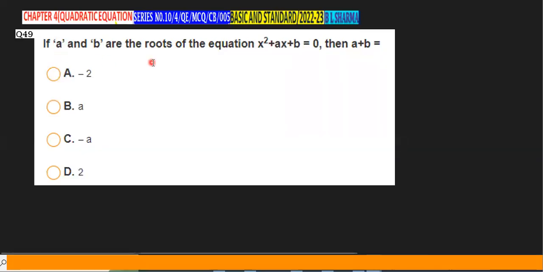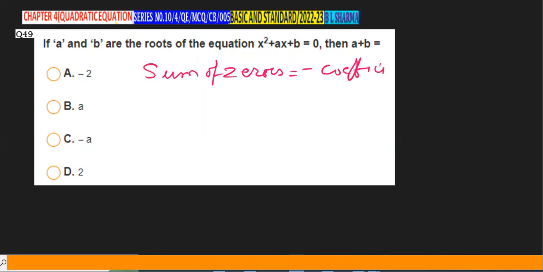If A and B are the roots of the equation x square plus ax plus b is equal to 0, then A plus B is? We know that the sum of zeros is given by minus the coefficient of x upon the coefficient of x square.